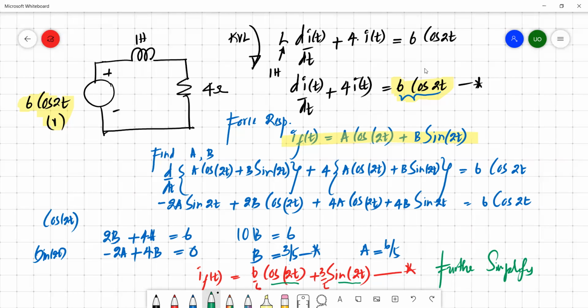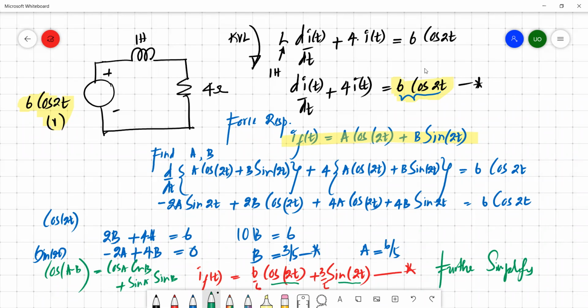So cos(A minus B) would be cos A cos B plus sine A sine B. This pattern is very similar to that, so you can find these values, and we can simplify this force response to the same format.